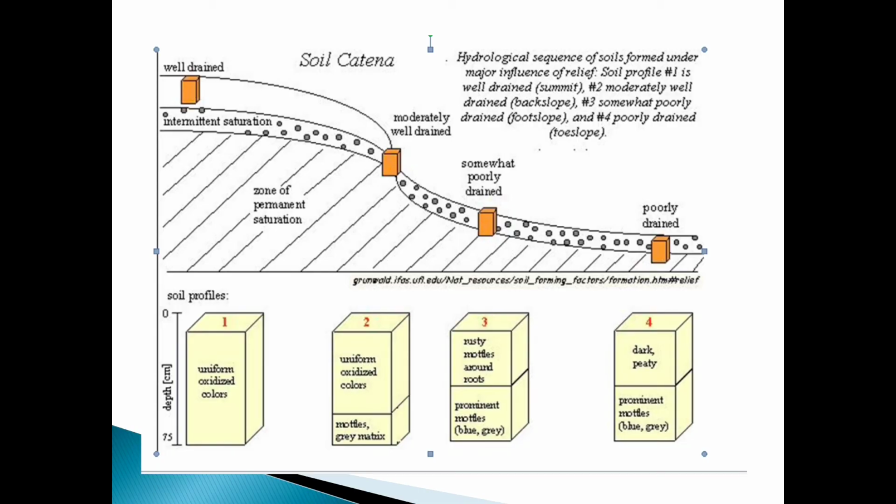And then we have there in number 3, somewhat poorly drained soil. Syempre, nagmimit yan na yung limit ng soil. So, yan. And then you can find there rusty mottles around roots. So, meron dyan mga gley soils because the water can accumulate. So, it has a blue or gray color of the mottles.